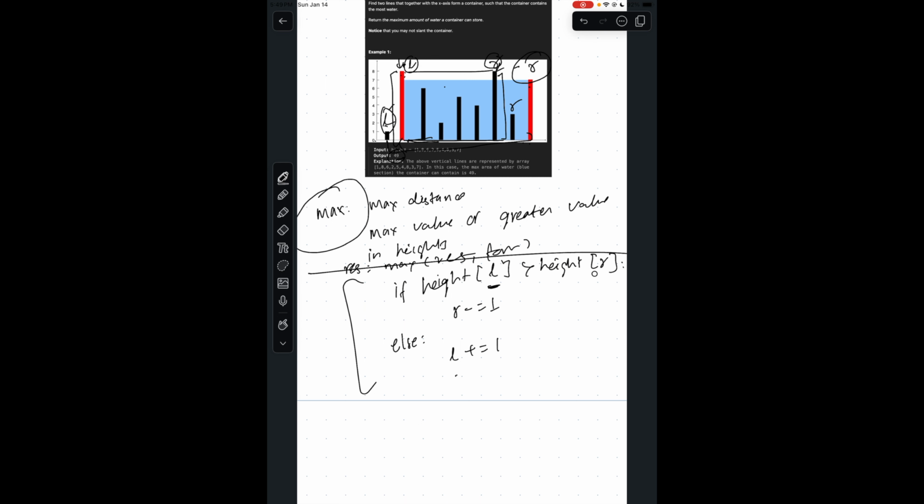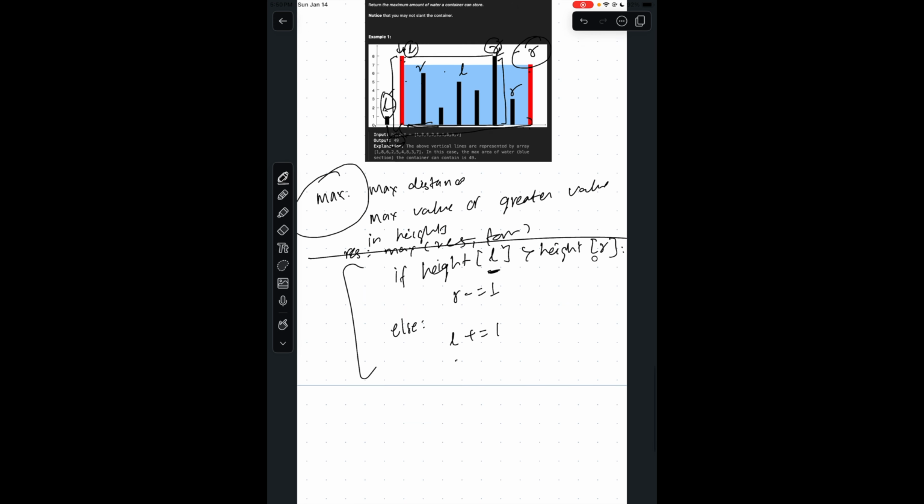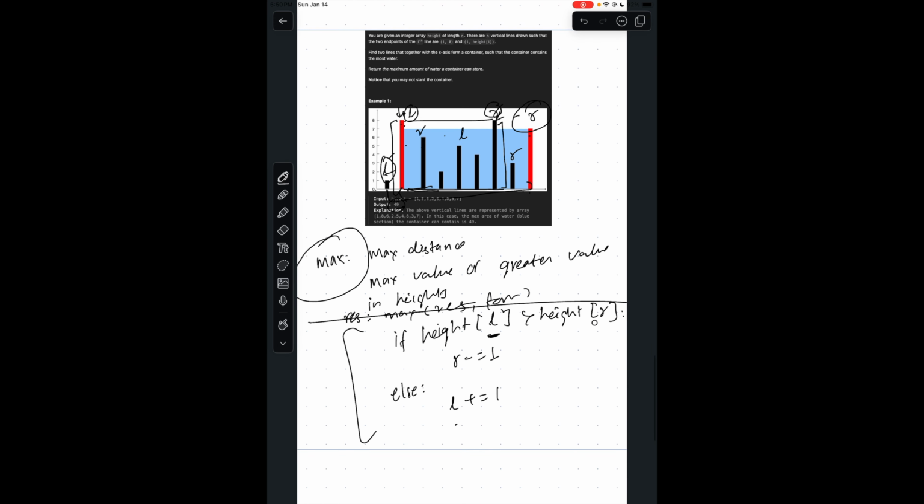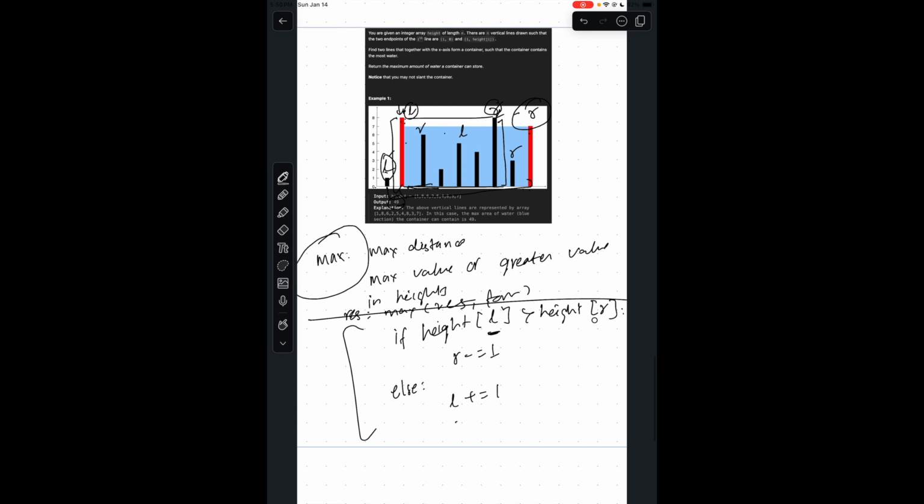And we will continue this until the left value and right value are equal. We don't want the left value here and the right value there, because we have already checked this case. So this is the algorithm for finding the maximum amount of water.